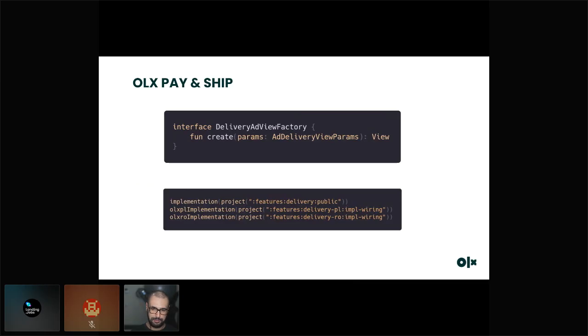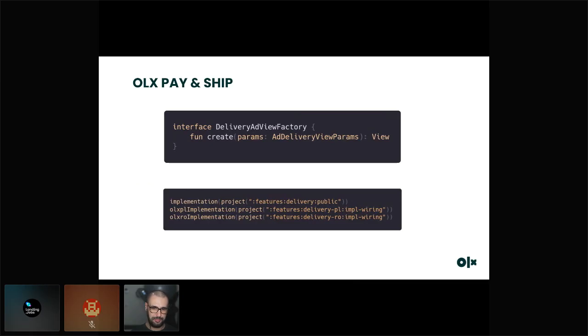So for the Polish variant of that screen, we are adding the dependency to the delivery PL implementation wiring, and for the Romanian one, we are adding the implementation wiring for the Romanian market. And so both of them are implementing the same contract.